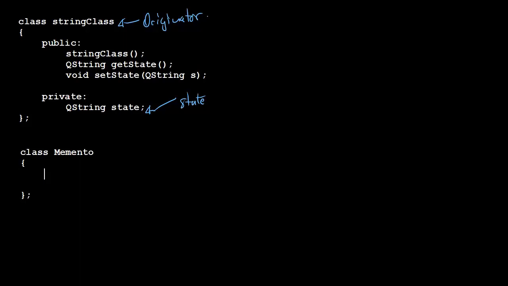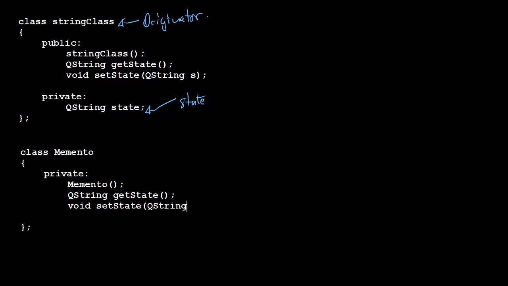So in this class, everything is going to be private. The constructor, any get functions, any set functions, including the actual state.